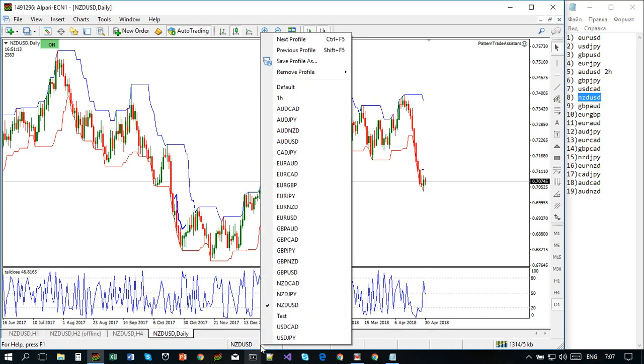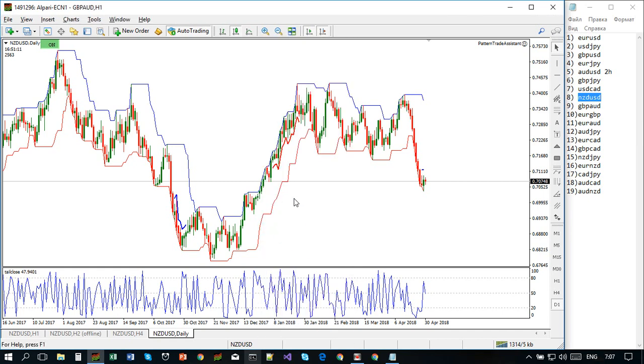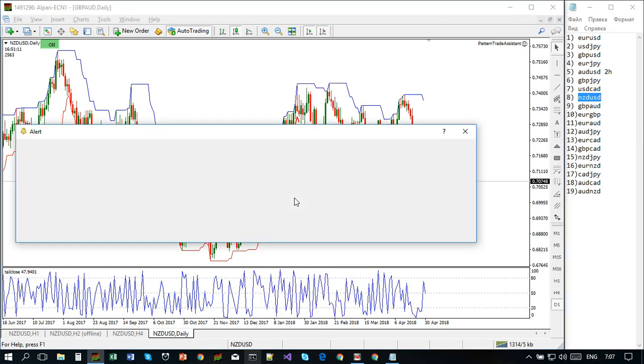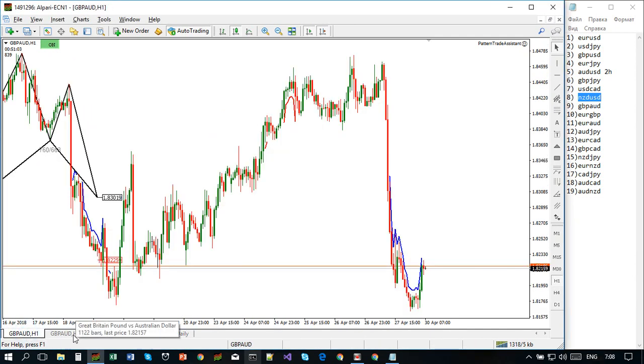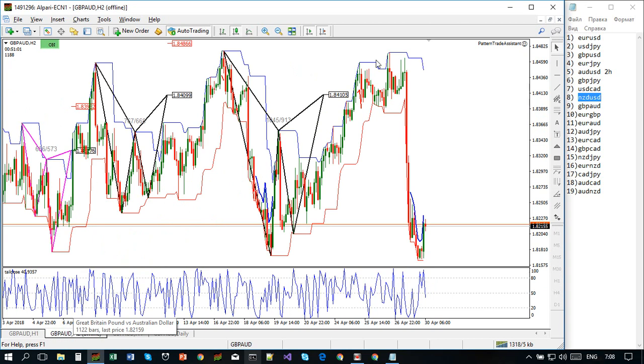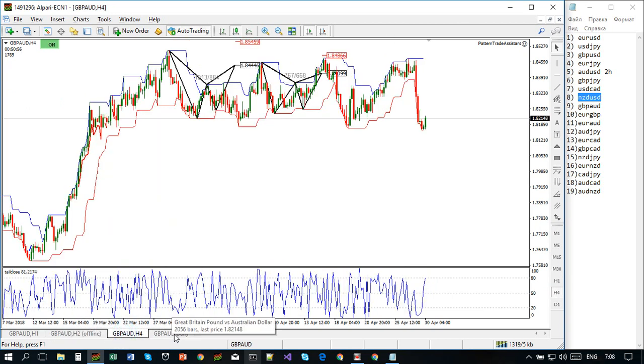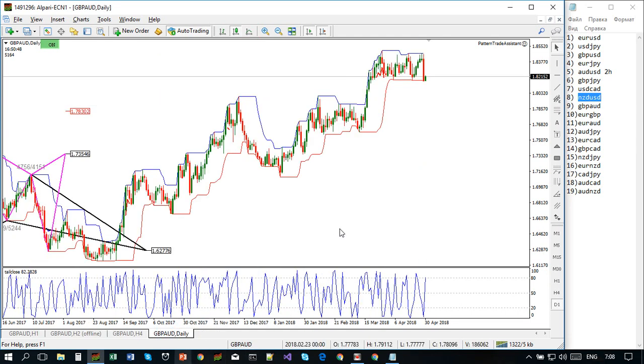Pound Aussie, GBP AUD. Okay, 2 hour was a wonderful winner last week. 4 hour was, you see that, boom, boom, boom, several winners in a row.